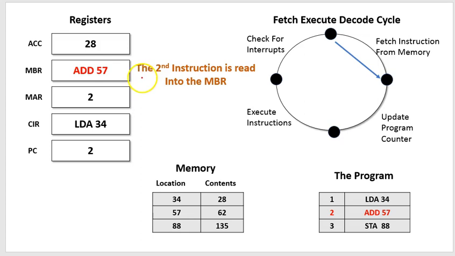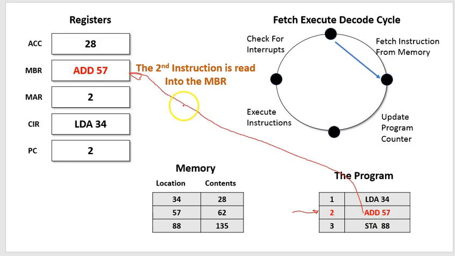Then the second instruction is read into the memory buffer register. So that second instruction, which was in memory location 2, is now read into the memory buffer register.